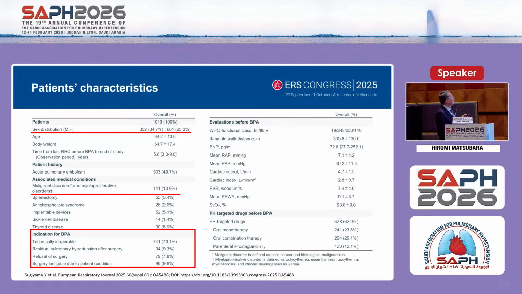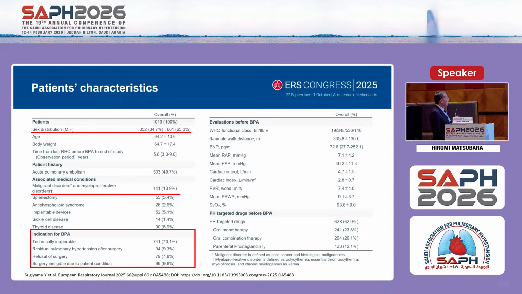As you can see, female patients are predominant, 65%, mainly because most of the Japanese patients are female. Regarding associated medical conditions, please note that malignant or proliferative disorders exist in about 14% of the patients.